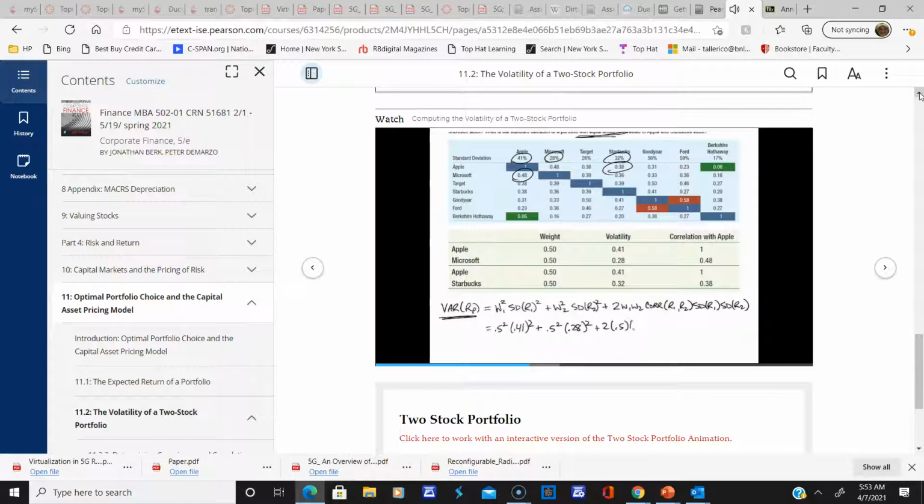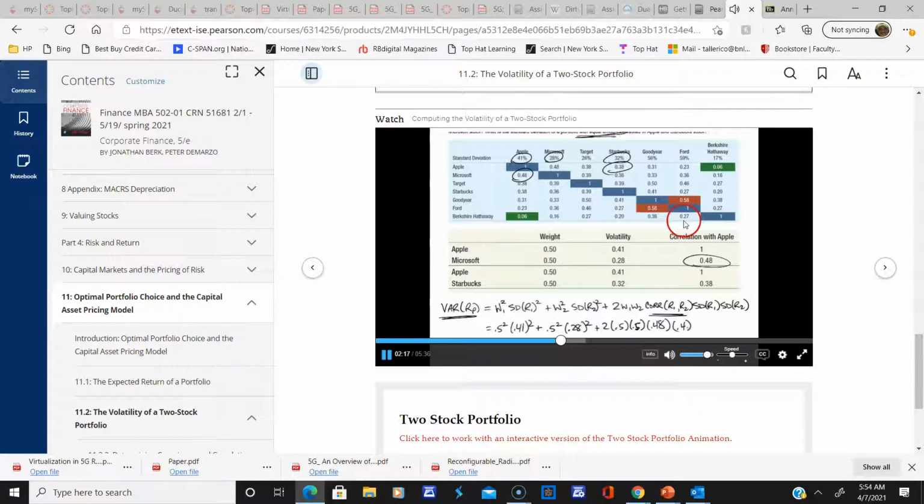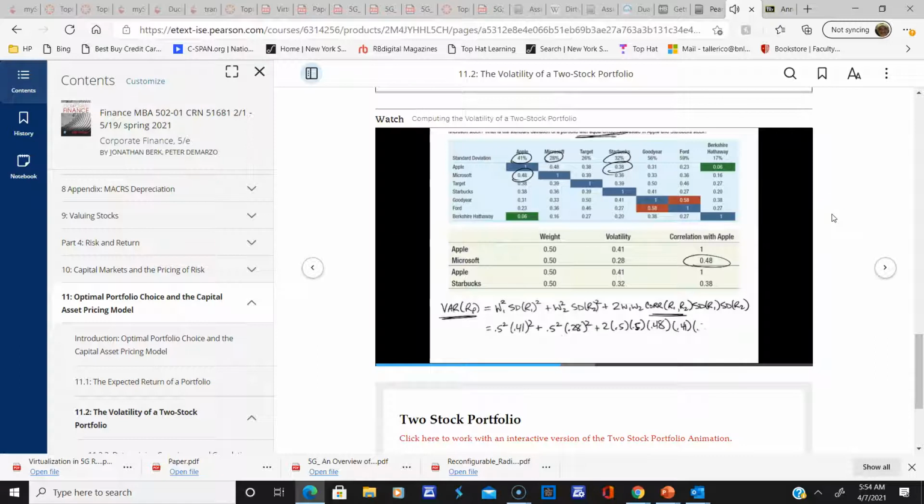Now we've got to fill in our weights here, 50%, 50%. And then there's this correlation term, which accounts for how much they move together. That's 0.48 in this case. Put in the standard deviations again of each one, 41% for Apple and 28% for Microsoft.